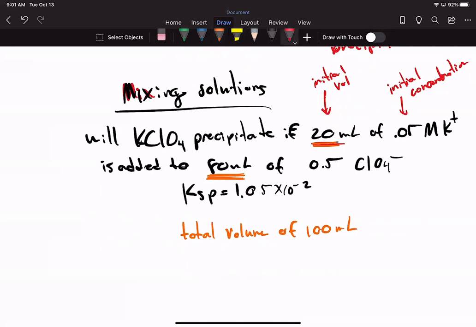Initial volume, initial concentration, final volume. Anybody take a guess what we can do with these?